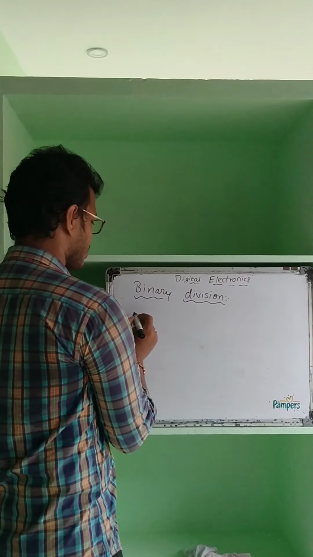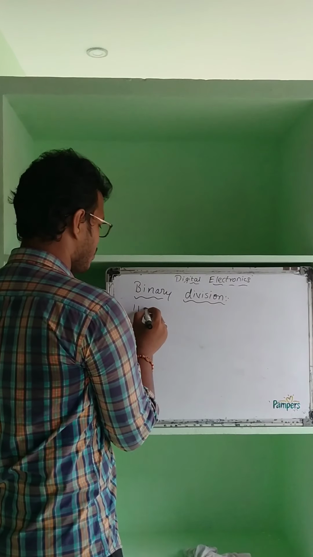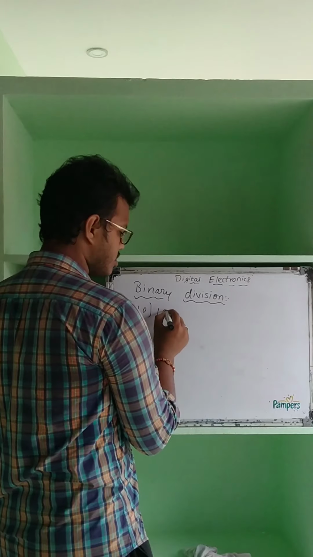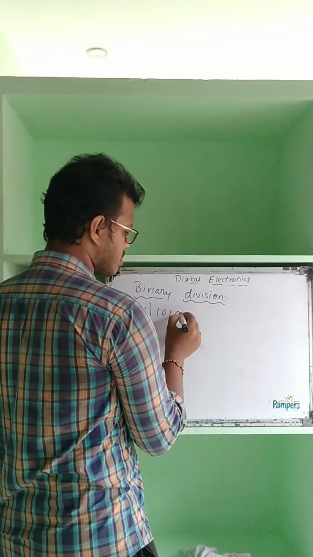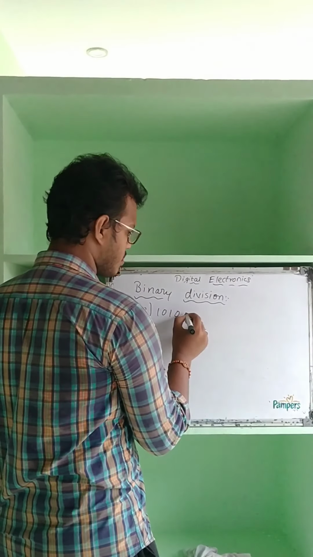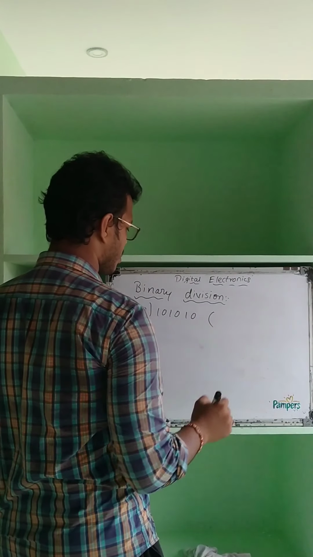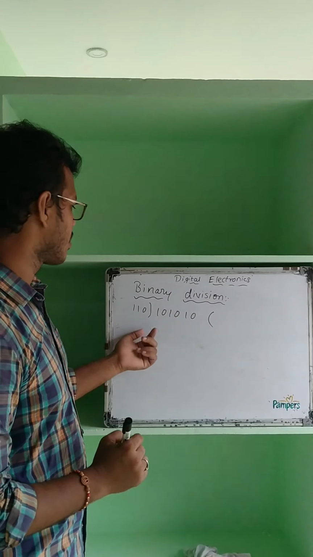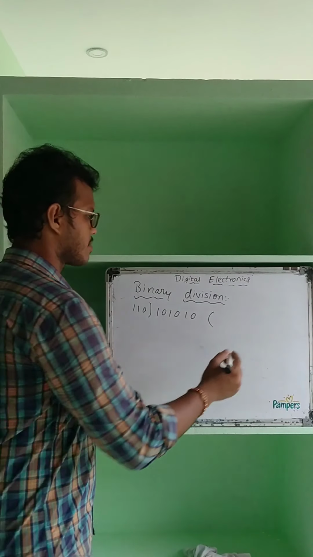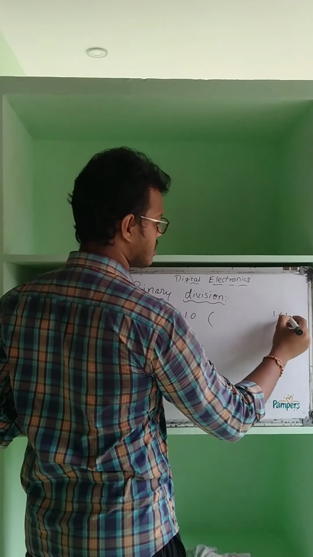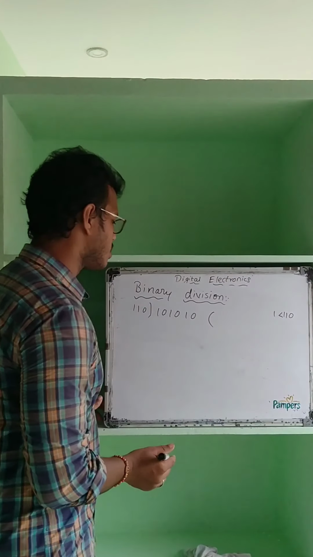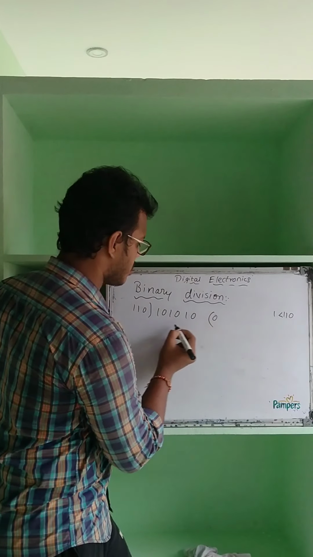So how is 110 going to divide 101010? First check 101. 101 is less than 110. So 0.